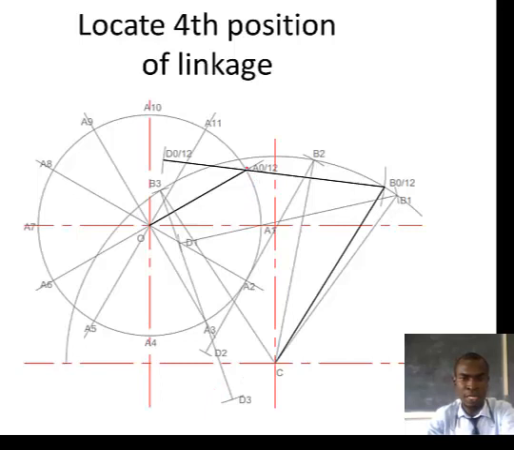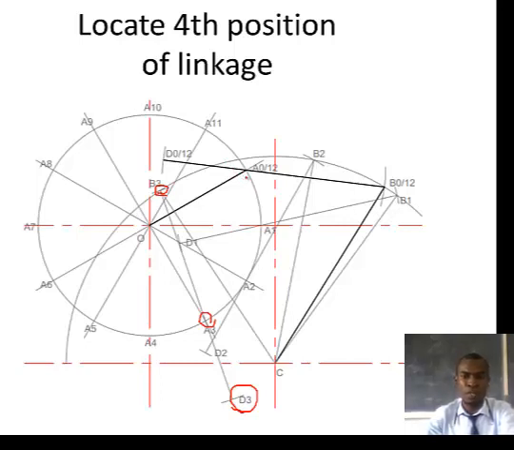As position A moves around this arc, the fourth position will be at A3 here. At A3, open your compass to 50 millimeters and strike an arc onto the arc of oscillation so that you locate B3. With B3, open to 80 millimeters so that you locate position D3. You continue doing this all the way until you come back to the first position, which will also be the twelfth position.